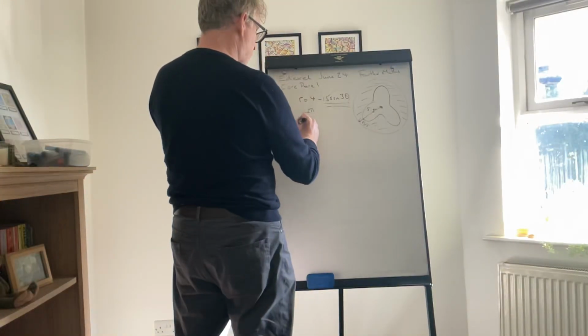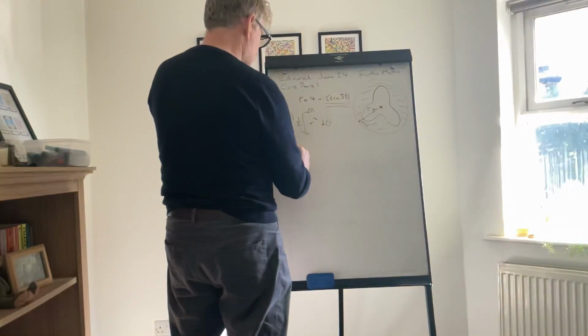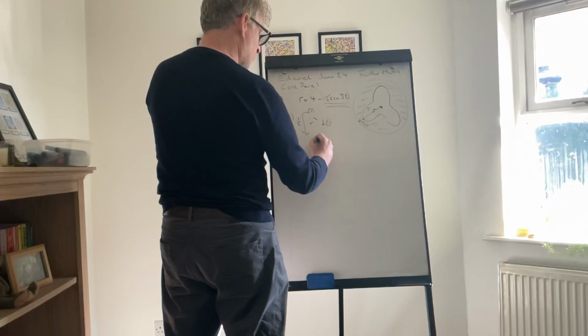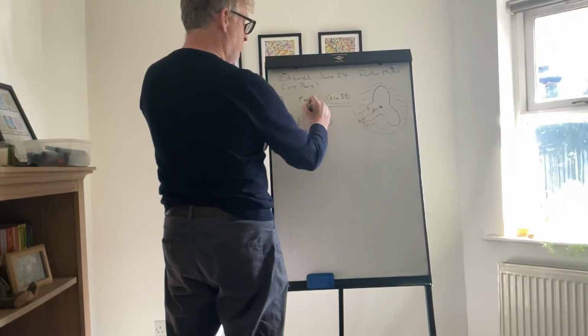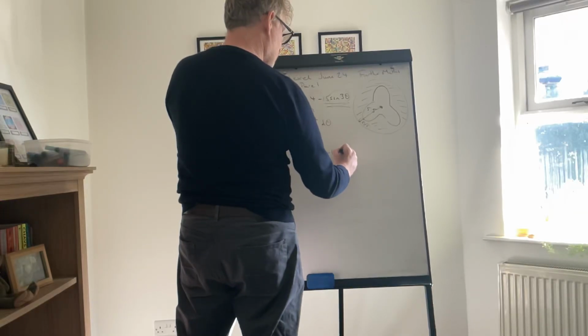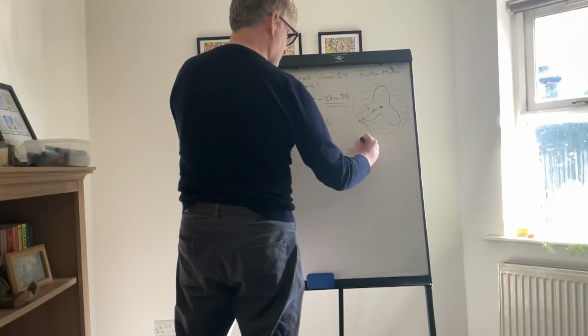Half R squared d theta is our formula that we can just trot out. So let's put that in there. We're going to get a half integral between 2 pi and 0 of this squared. So that's 4 minus 1.5 sine 3 theta, squared.